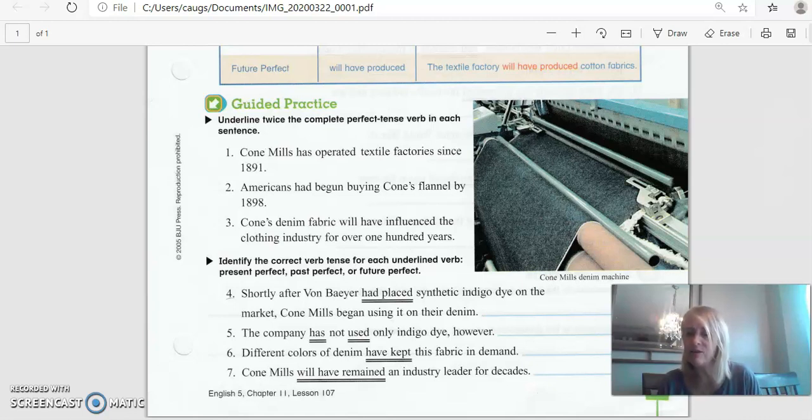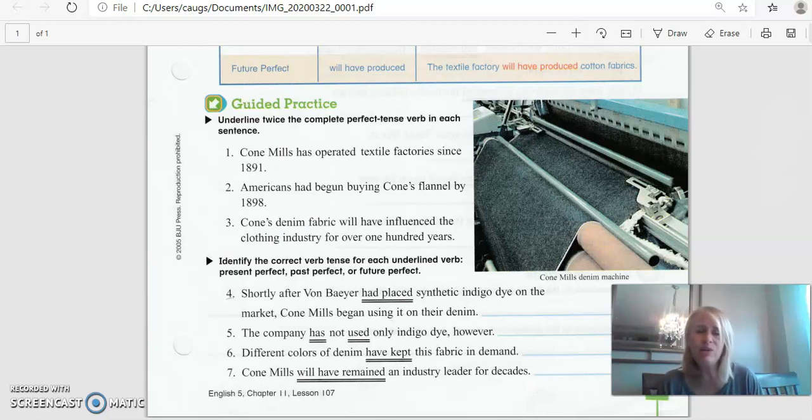You do have to underline 3 things. Will have. That's right. You're going to underline will have, and then plus the verb influenced. So will have influenced. So you are going to underline 3 things there. So remember to underline it 2 times.